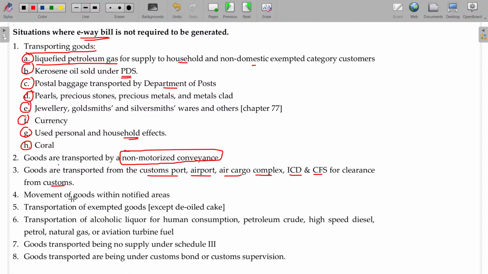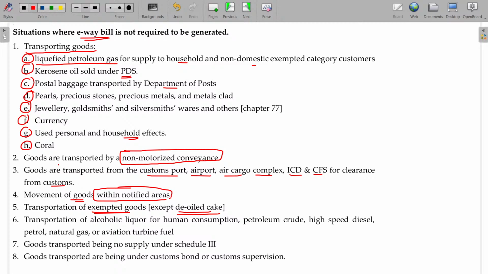Movement of goods within notified areas not required. And transportation of exempted goods not required, except de-oiled cake, for which you need to generate an e-way bill. Otherwise, for exempted goods supply, you don't need to generate the e-way bill.